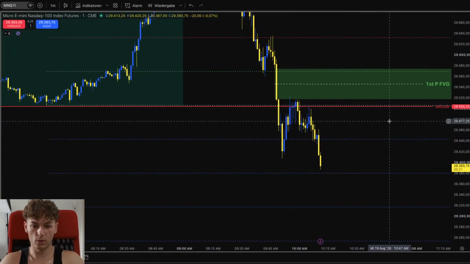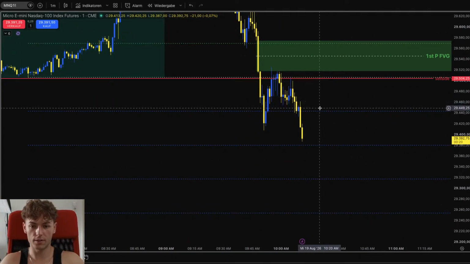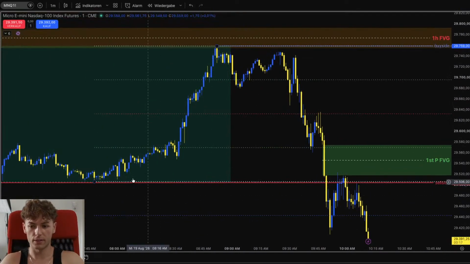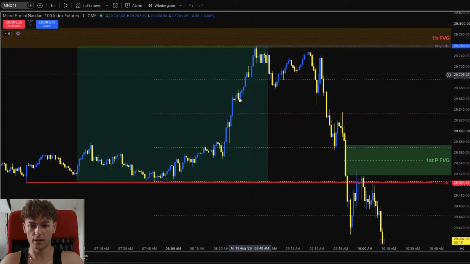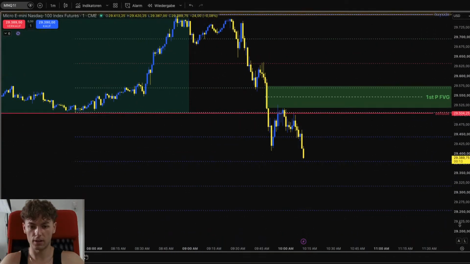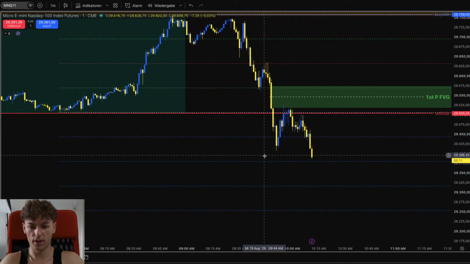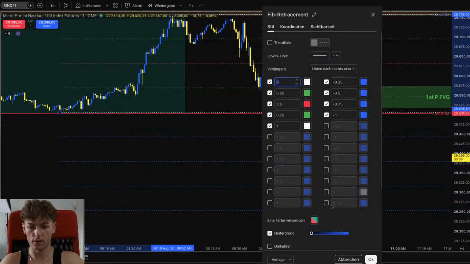Okay, moving lower, like I said, targets are these 7 to 9 AM standard deviation levels, 0.5, 0.25, 0.5.